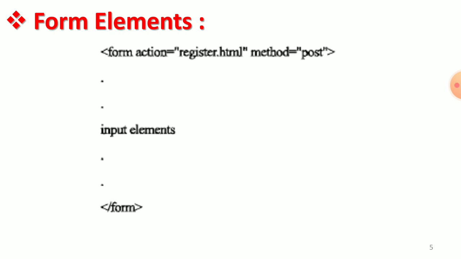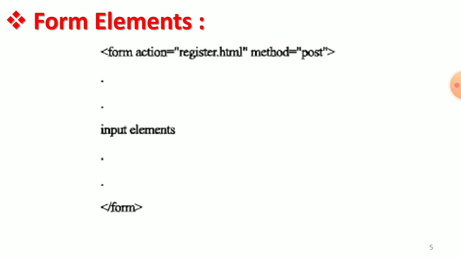The method attribute specifies the HTTP method to be used when sending the data. It can take two values. First is get and second is post.